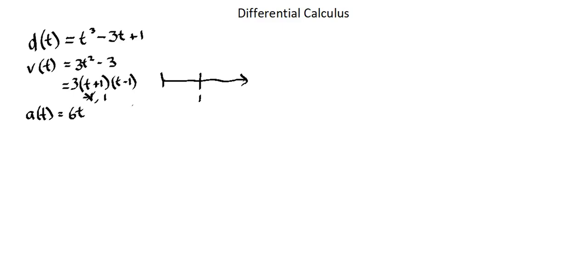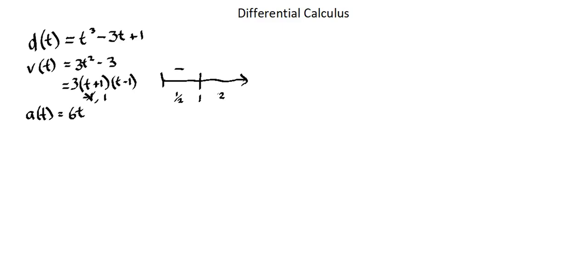Now I can create a sign diagram looking at this equation, and let's put in some test values of 1/2 and 2, values to the left and right of 1. When I put in the value of 1/2, I'll end up with 3 times a positive number, 1.5, times a negative number, -1/2. 3 times positive times negative will give me a negative value.